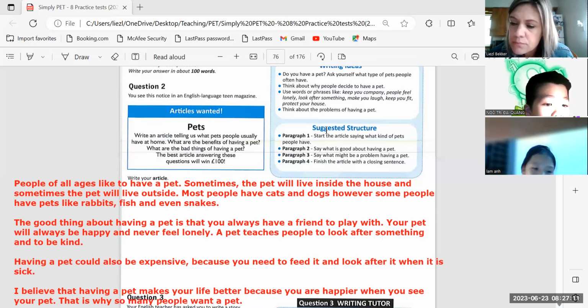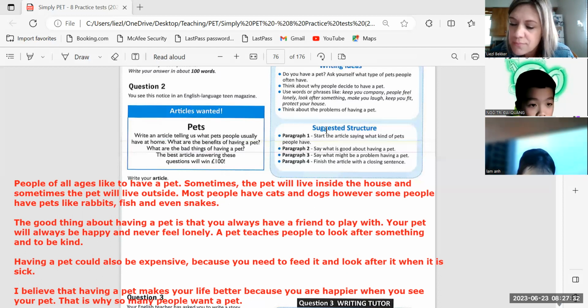Having a pet could also be expensive because you need to feed it and look after it when it is sick.